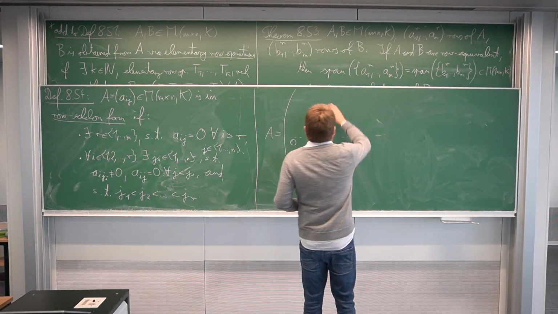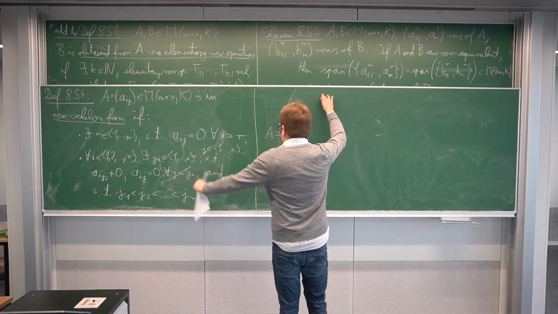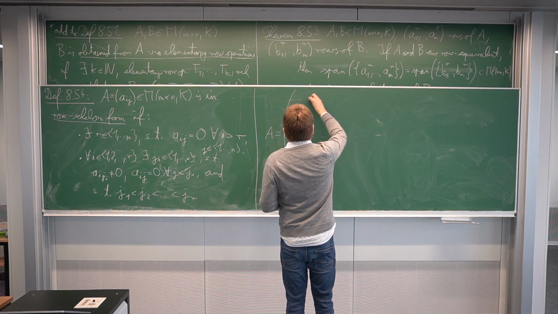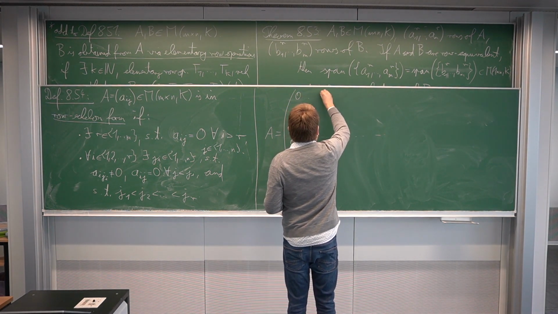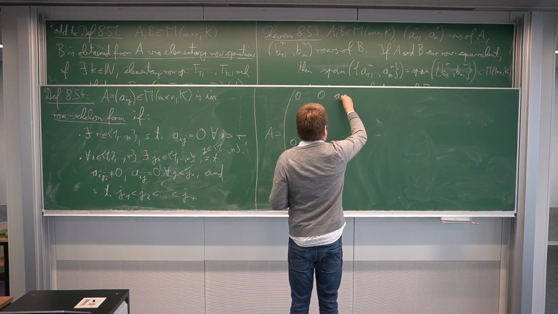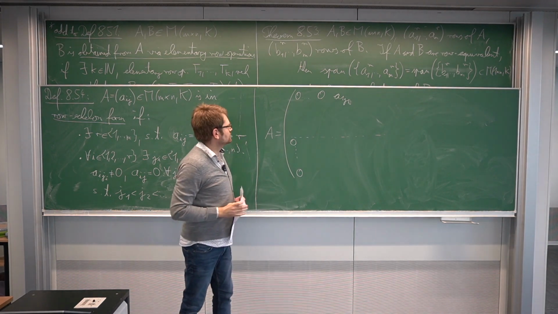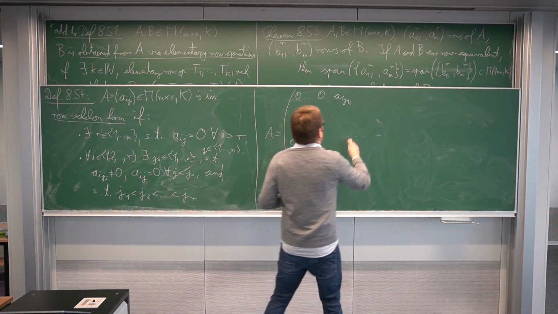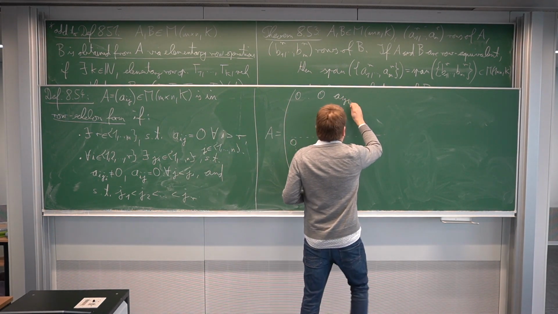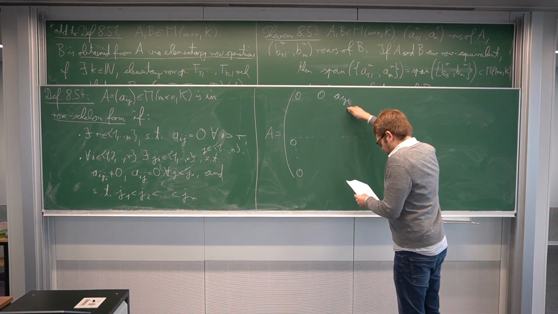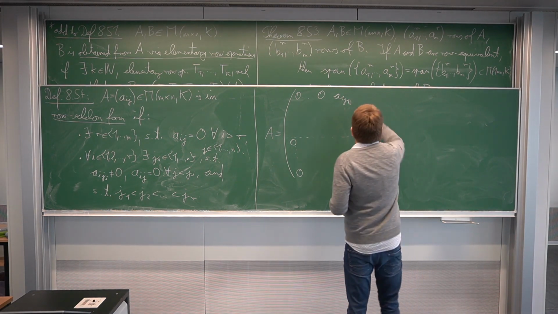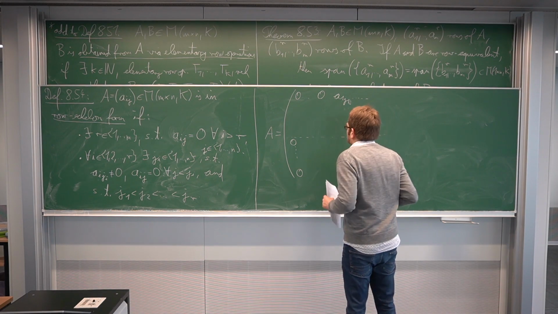In the first row, we have an index j_1, so assume the first entries are 0, then the first non-vanishing one is A_1,j_1, so triple indices, beautiful. So this element, and then something happens, I don't know.